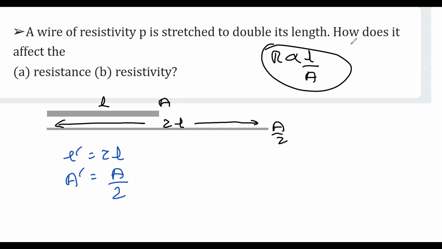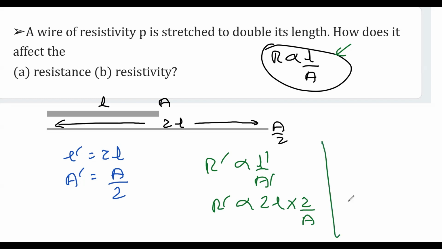Now observe from here that R dash will be proportional to L dash over A dash. So I can say R dash is proportional to 2L over A over 2. Dividing by A over 2 is the same as multiplying by 2 over A. So we can say that R dash will be proportional to 4 times L by A, since 2 into 2 is 4.